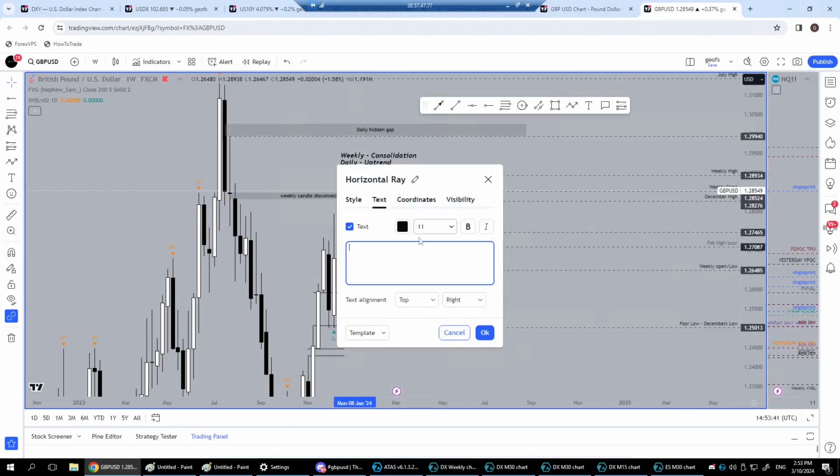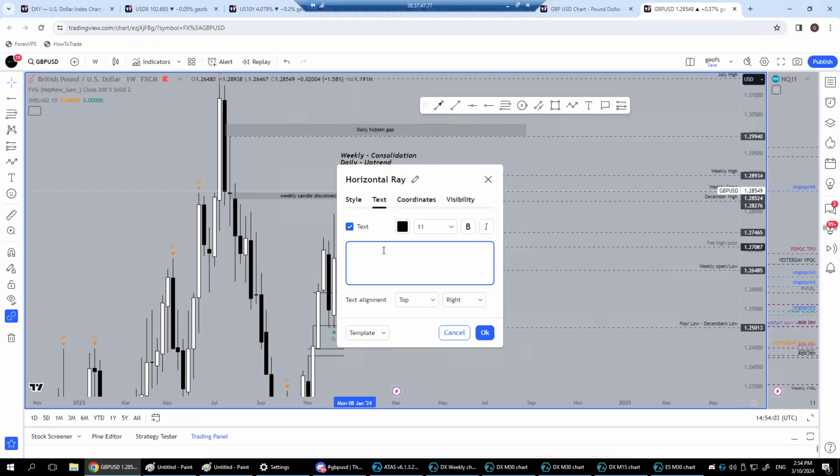There may have been, probably more dollar related. There's no real reason for the pound to be going up, in my opinion. We're in a technical recession. I think it's more dollar related, to be honest.